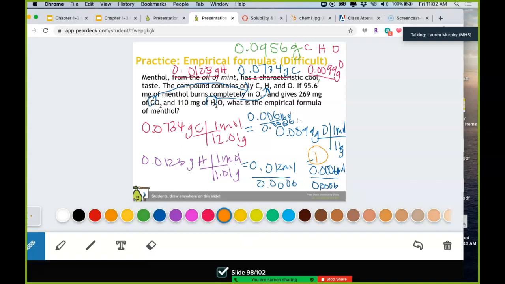The carbon, when you divide this, you end up with 10 carbons. And when you divide this, you end up with 20 hydrogens. That is a crazy formula. So it is C10H20O. That is the formula, the empirical formula for menthol.